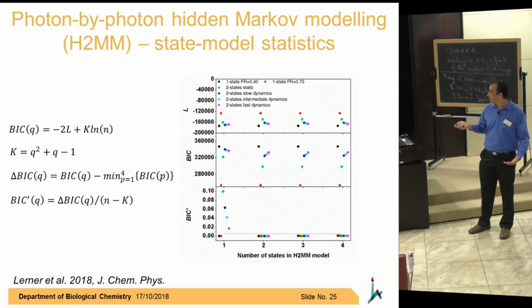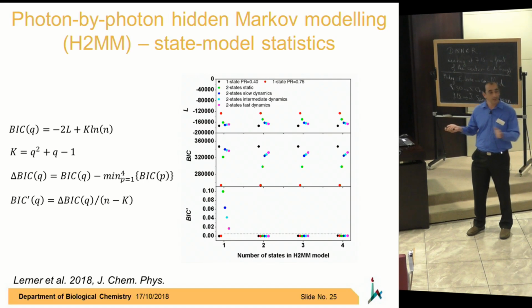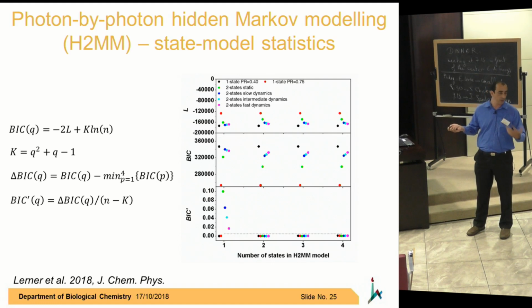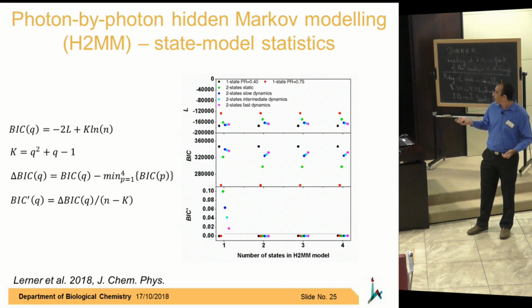And I called it delta BIC. In the literature, actually, it's also like that. Then I just take this value and divide it by n minus k to account for the fact that when I'm comparing different experiments, the estimation of a given state model for different measurements, I will have a different number of photons that clearly show up in the BIC as different values, even on the simulation level.